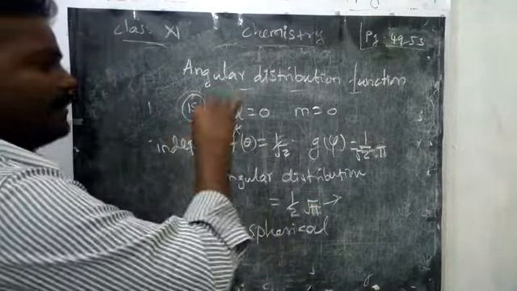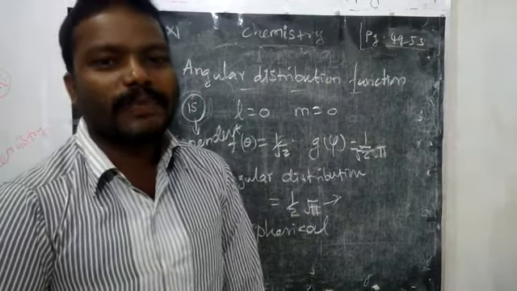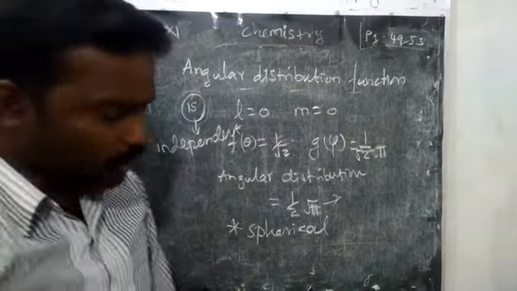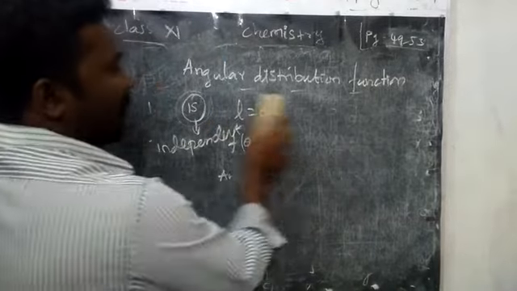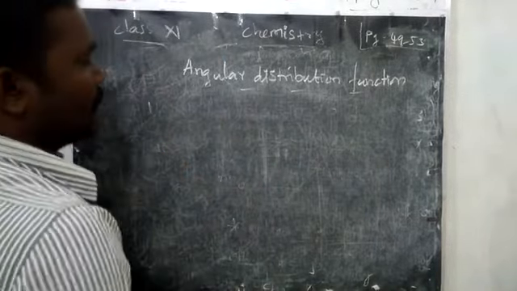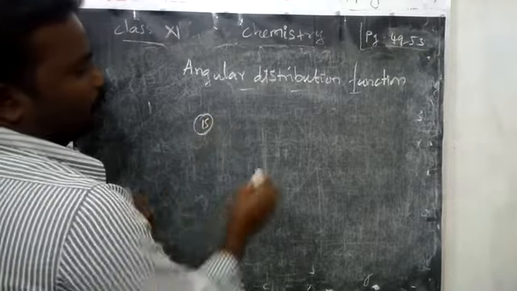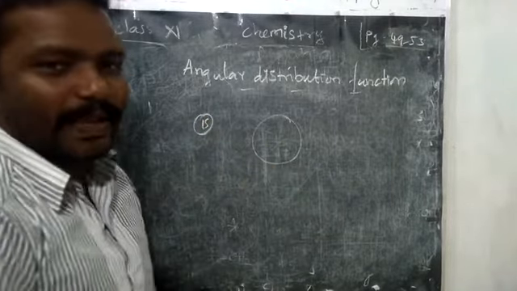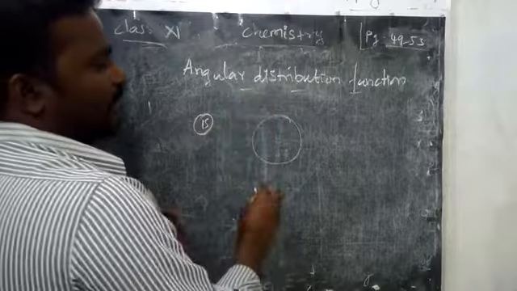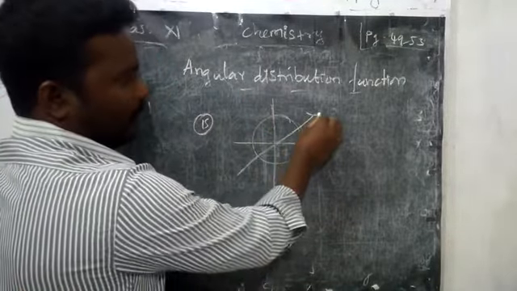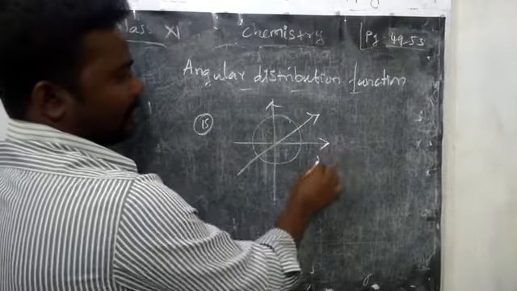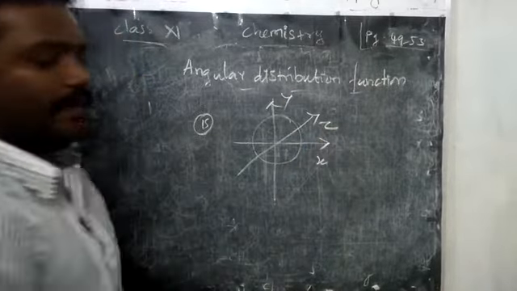That's why we say the 1s orbital is spherical. So spherical shape means how will you draw the shape of the orbital? For example, 1s is one spherical shape drawn along all the axes x, z, y, right?